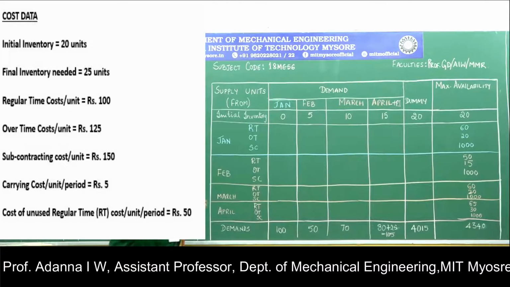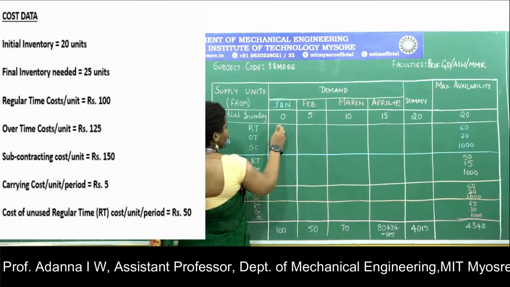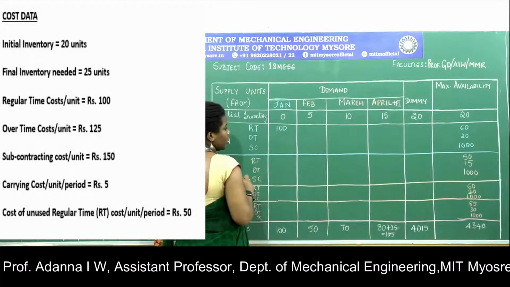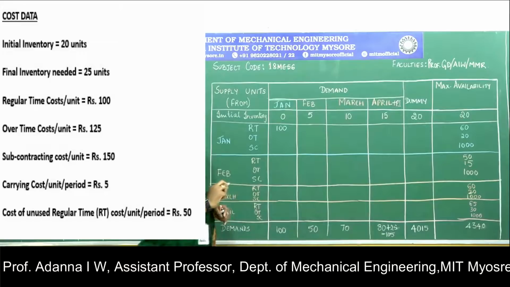Now if we try to write the costs for January, February, March and April according to what is given to us, the regular time cost for every month is 100. So if all the products are produced in regular time, 100 rupees.